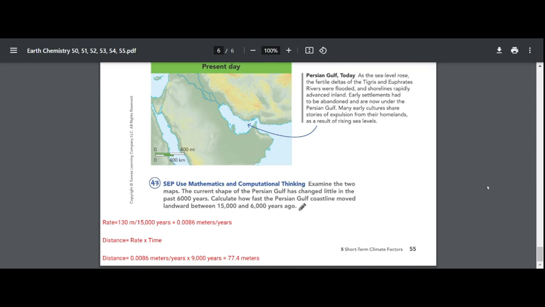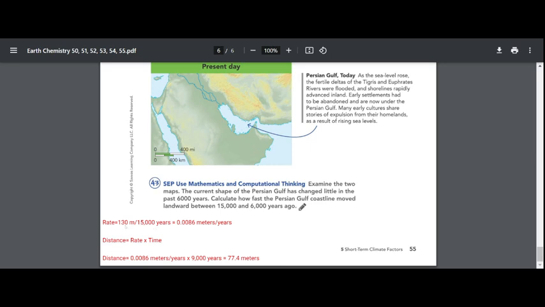All right, does anybody have any questions about that? So just one more time. Rate is equal to distance over time. So the distance is 130 meters. The time is 9,000 years, because 15,000 minus 6,000 is 9,000.